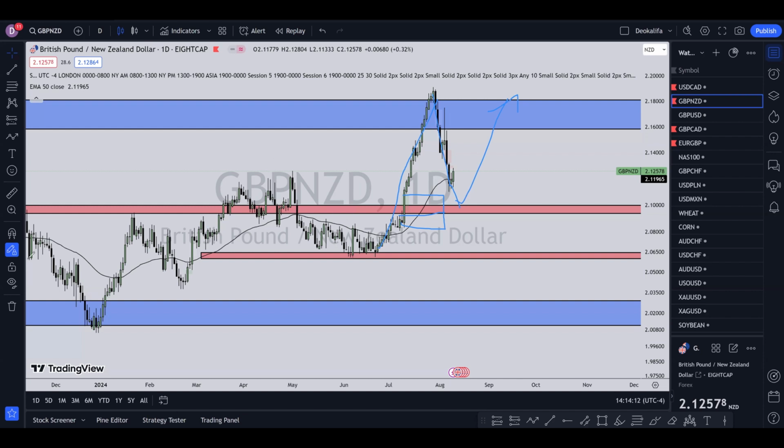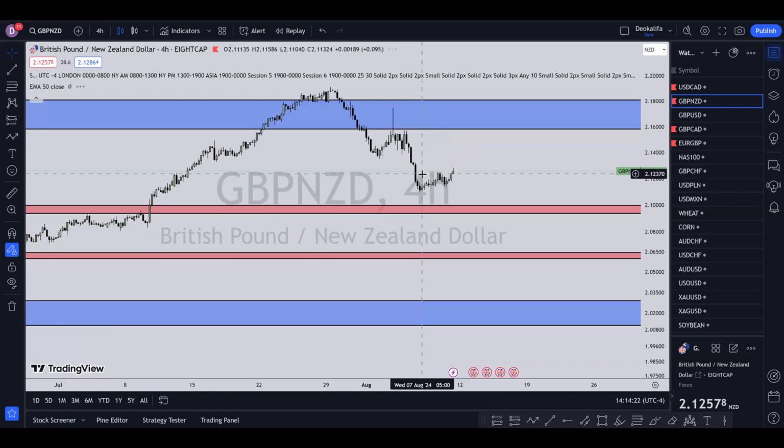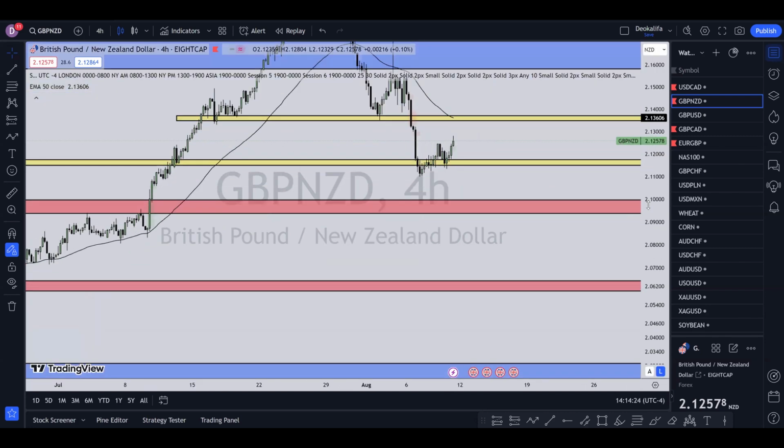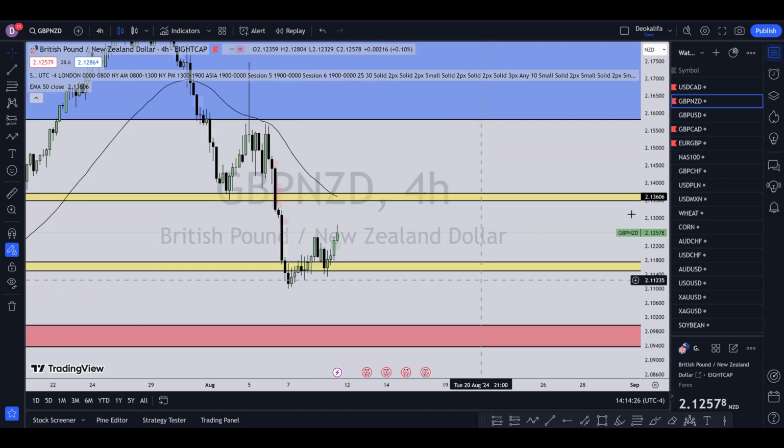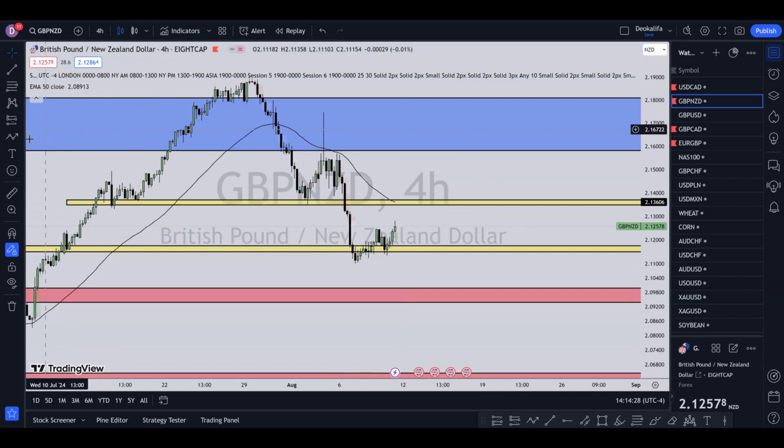But before we look at where we can take long, we're going to go into the 4-hour time frame where we can have a clear view of what price is doing. On the 4-hour time frame, what you are looking at here is maybe a start of this weekend.